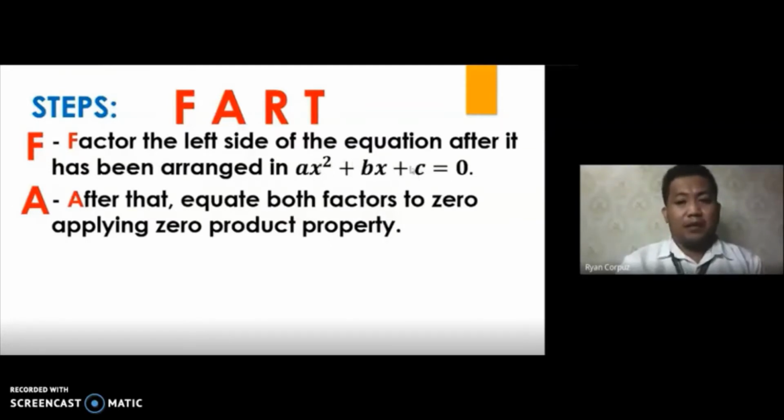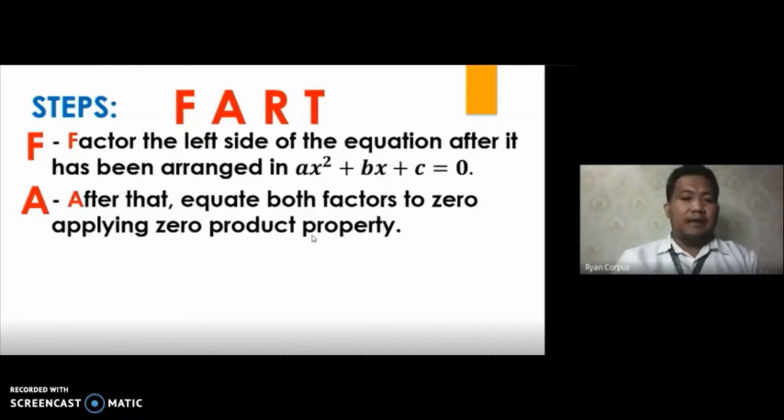It can be a quadratic trinomial, can also be a binomial. So we are going to factor it by using the subtract method that we have introduced earlier, and also the common monomial factoring. Then after you factor that given quadratic equation, that's the time now that you are going to apply the 0 product property, wherein you are going to separate both factors, then equate each to 0.